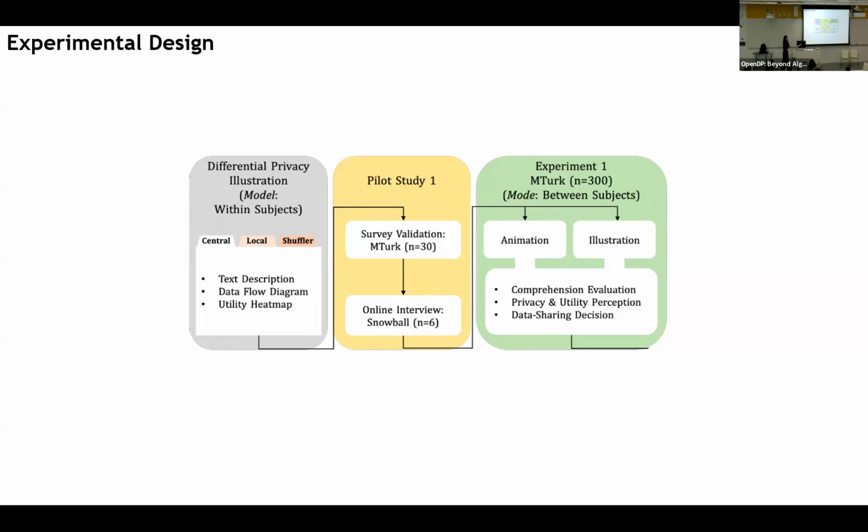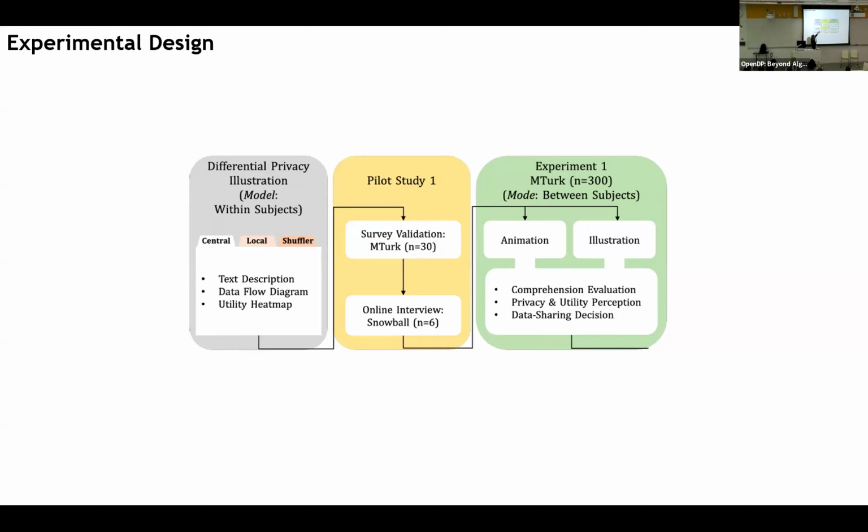As I explained before, we take an experimental design approach. We recruit participants on Amazon Mechanical Turk after we have all those illustrations ready. We first conduct a pilot study. As you can see, there are a lot of things going on in the description and the illustration we designed here. We want to make sure those things are really understandable and could potentially be useful.